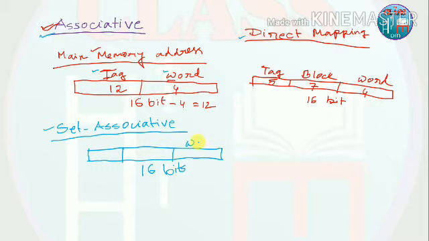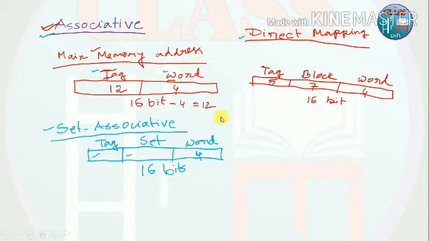One part is word, and of the remaining two parts, one will again be tag, and the third part is called the set. Clear? Now what will be the size of these different fields? The word size will be 4 again. Here the set and tag will change. What will be the size of the tag and the size of the set?